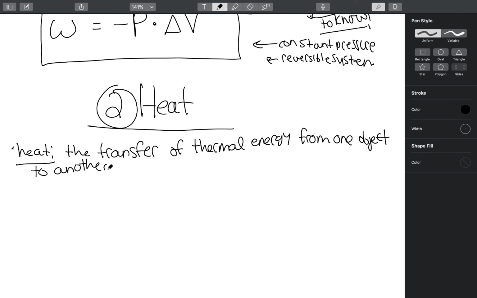So it's the transfer of thermal energy from one object to another. So like work, heat is just a transfer of energy. Work and heat are a transfer of energy.